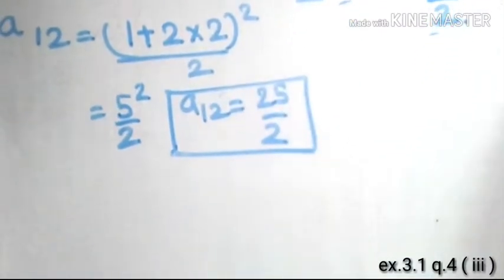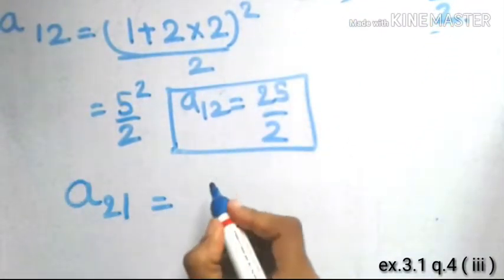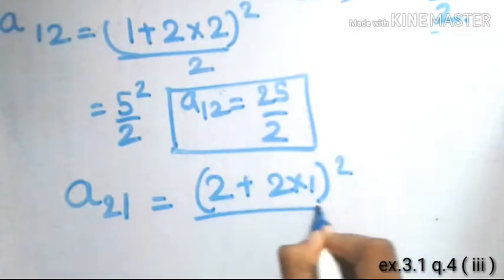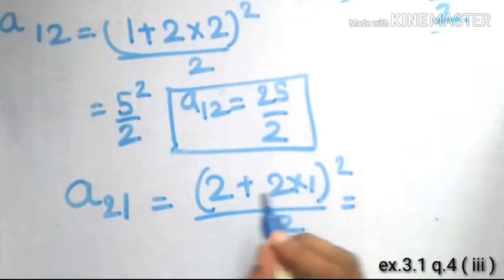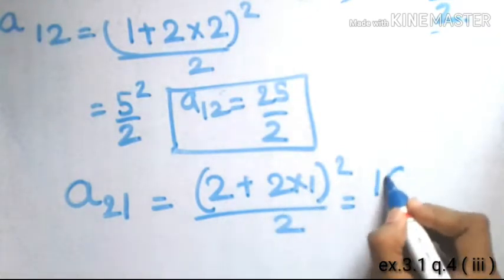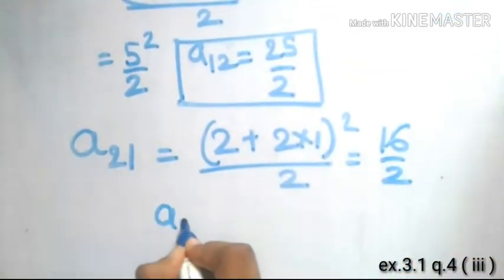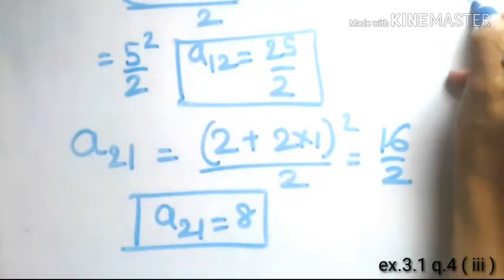So this is the second matrix element. Now let's go to the third matrix element, which is going to be A21. Once again, it's (2 plus 2 into 1) the whole square by 2. So I'll be left with 2 plus 2, 4. 4 square is 16 by 2, which means A21 will be 8. Alright.